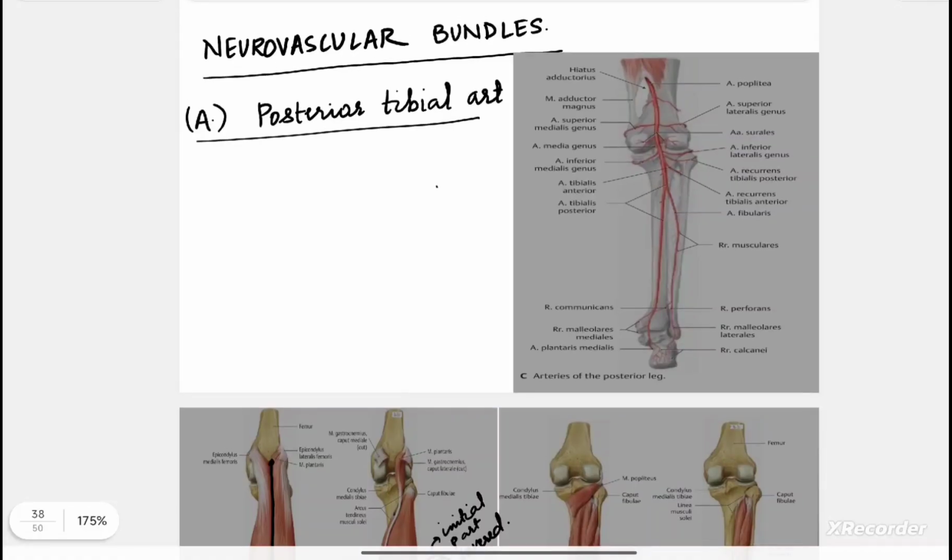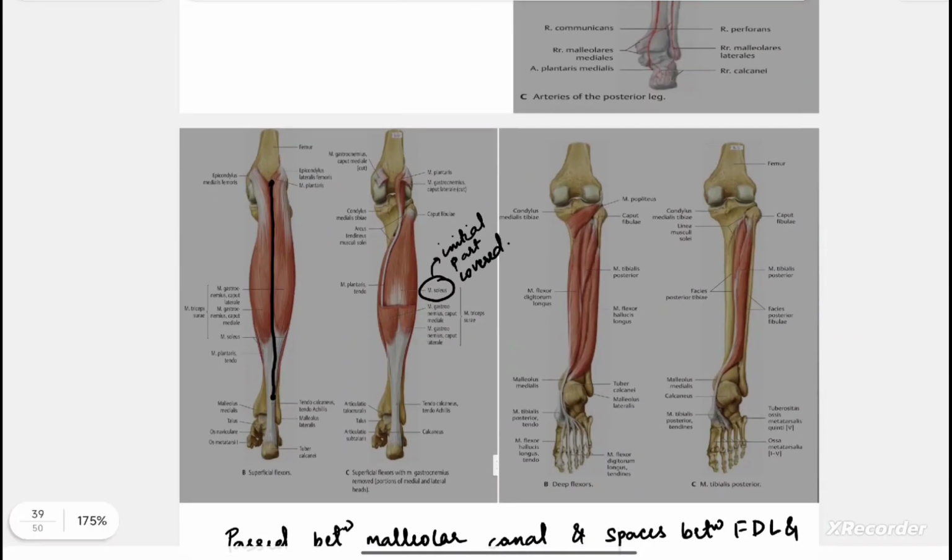Neurovascular bundles are the posterior tibial artery. See, the artery tibialis posterior. Its projection is a line drawn from the head of the gastrocnemius muscle.